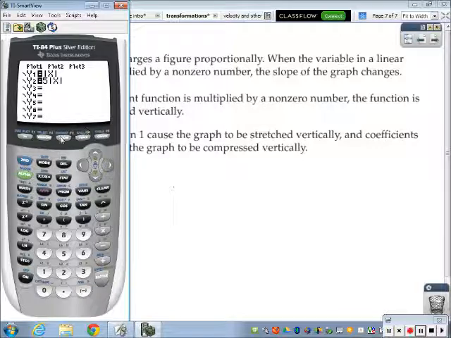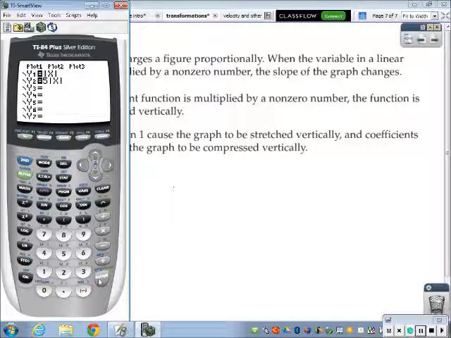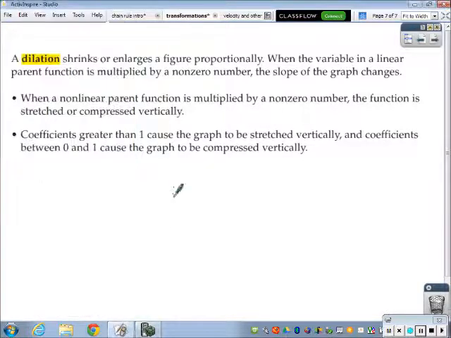And if I want to graph that in a standard window, which is negative 10 to 10, I go to zoom, z standard, which is option 6. There's my original, my parent function, and then the more narrow graph is my dilated parent function, which is more narrow, it's a stretch.